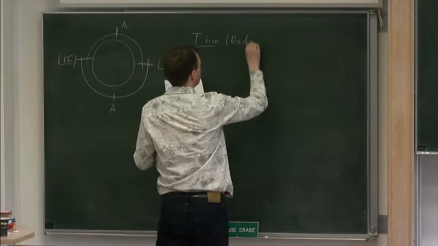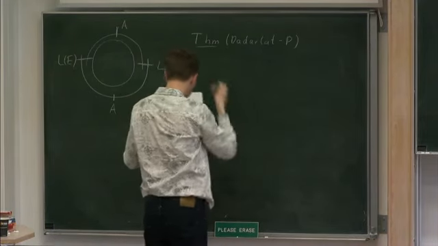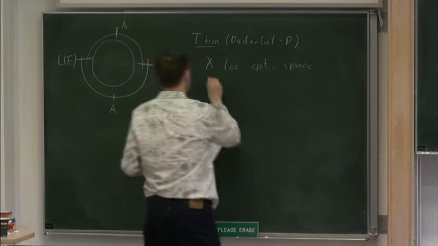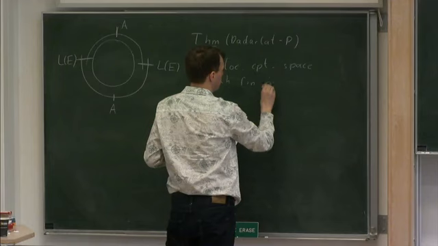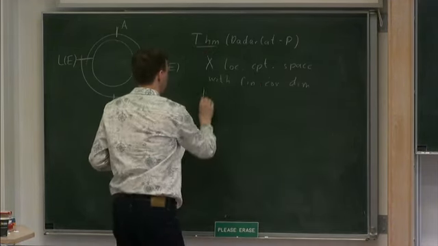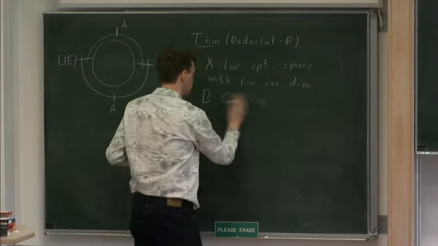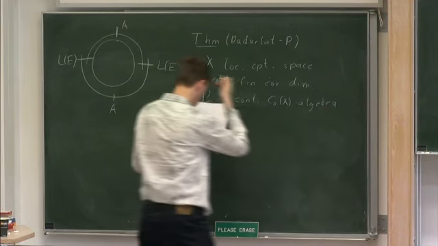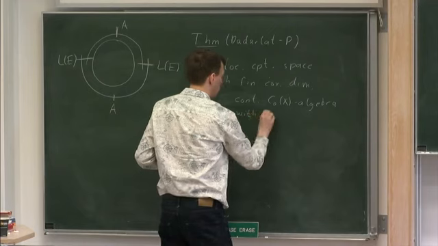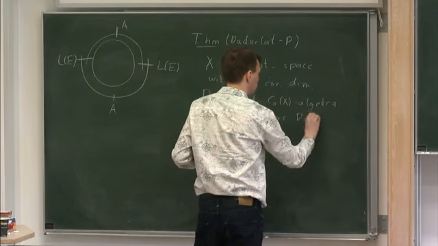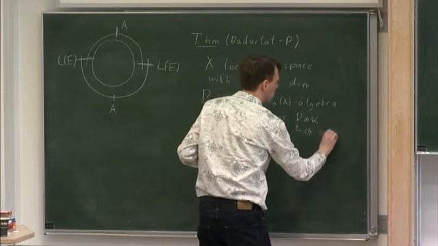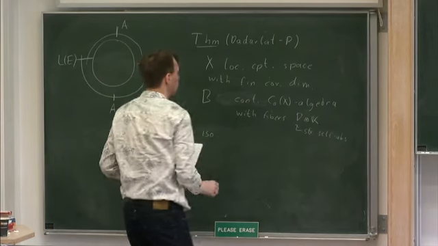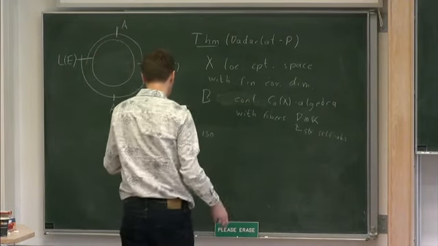You can use a theorem from our paper, which says that if you have a locally compact space with some technical assumption with finite covering dimension, and you have a continuous C0 of X algebra with fibers D tensor K for some strongly self-absorbing C-star algebra D, then I can find a locally trivial bundle with fibers D tensor K over X.